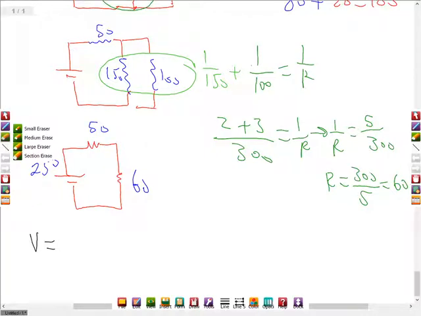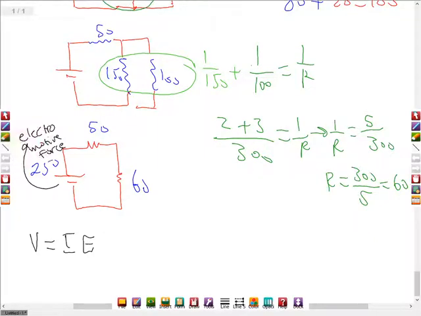V equals I, and E is the electromotive force. We call this electromotive force, where the power supply is. V equals IR, I'm sorry, I'm going to change it.